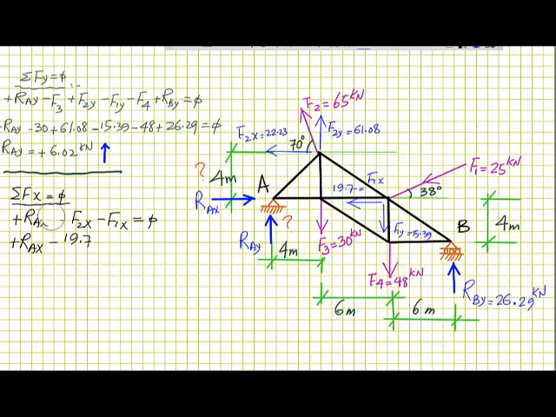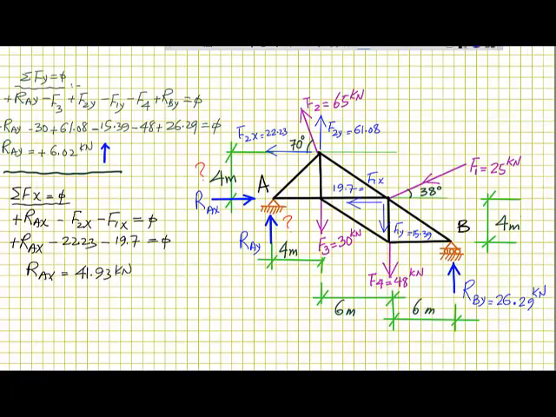So RAX is the value that we are trying to calculate, and F2x is equal to, sorry, 22.23, and F1x is equal to 19.7, equal to 0. So if we isolate RAX, we get the value of RAX equal to 41.93 kilonewton.